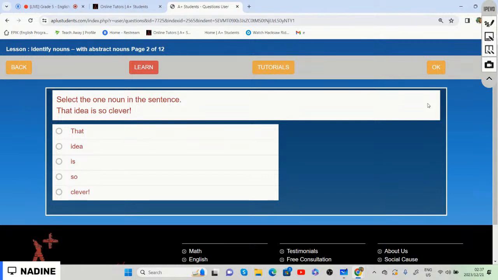So, an abstract noun, is it that? Is it idea? Is it is, clever, or so?